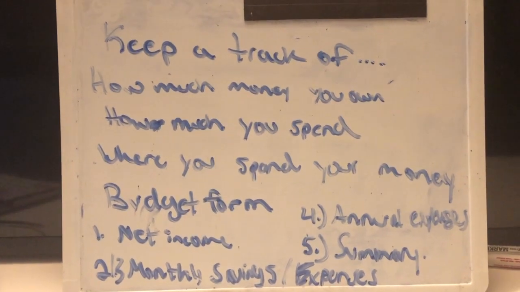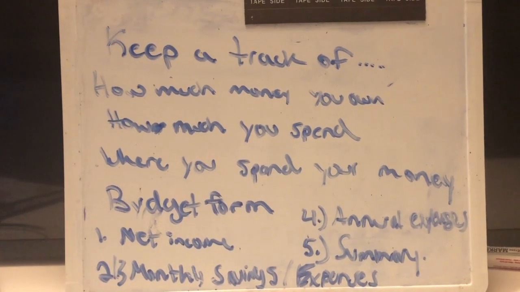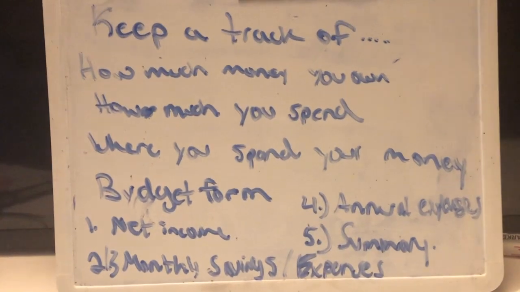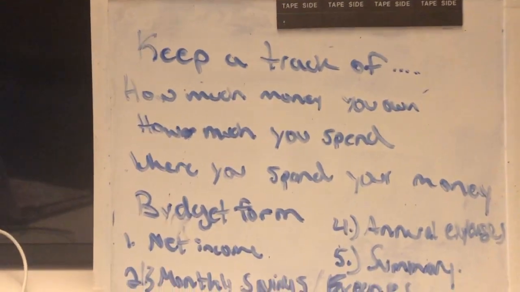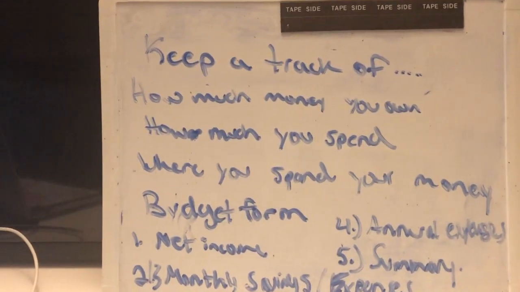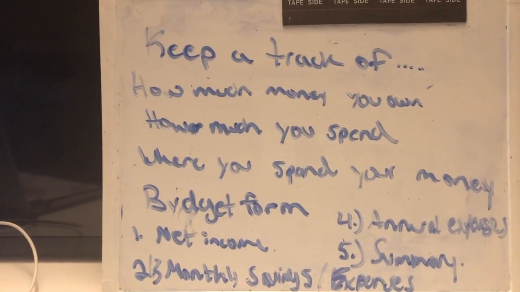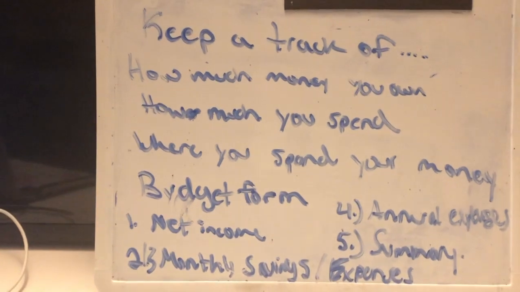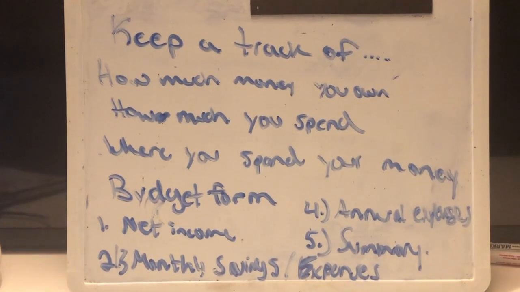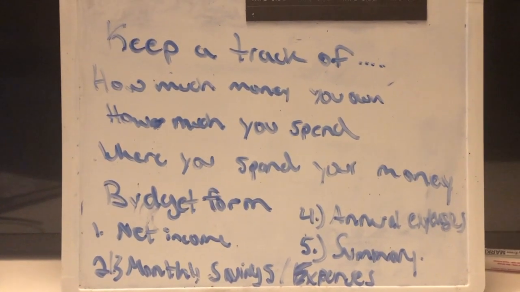If I'm making quite a bit of money, then I might be able to spend a little bit more. Whereas if I'm not making as much money, I should be careful about how much I spend in the end. And then the last one is where you spend your money. Not necessarily limiting, or asking how much do I spend on this and that and having to keep track. Just be curious about how much you spend in certain spots. If I buy a lot of food at McDonald's, that's something to keep track of.